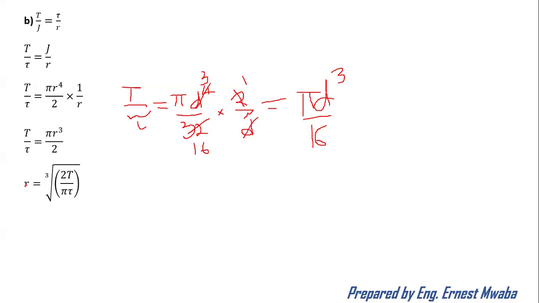Meaning that here, if I decide to make D the subject of the formula, it will still be this D. Instead of having 16 there, I will simply say my D will be equal to cube root of 16T over pi, and remember, there's already shear stress.